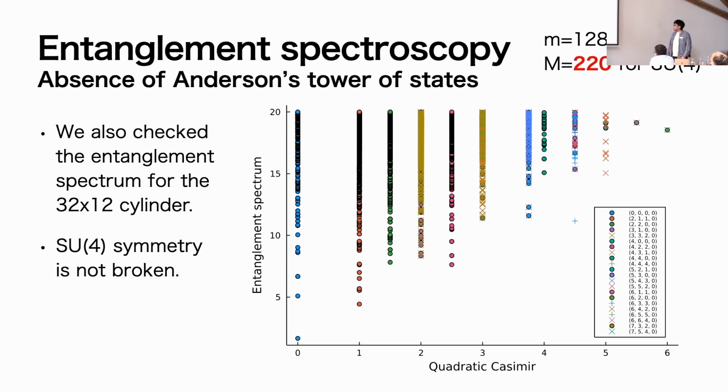In the same way, I checked the Anderson tower of states in the entanglement spectrum of this model, but I don't see a clear signature of SU4 symmetry breaking, because if there were SU4 symmetry breaking, there should be clear tower states in the entanglement spectrum, but the entanglement spectrum still looks random. This is the first result: we claim that there is no SU4 symmetry breaking.